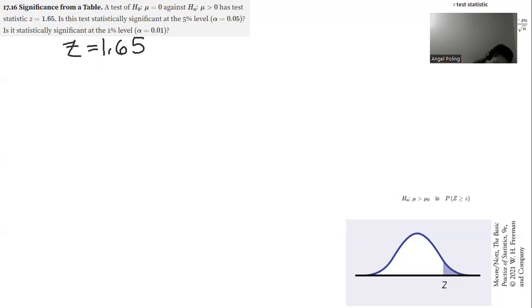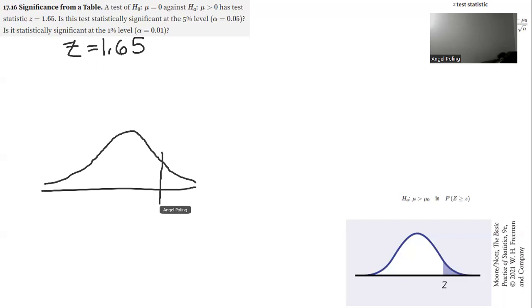So if you have a critical z, which is your cutoff, then this would be your critical region. And you're trying to see, is a z-score of 1.65 in this critical region or not? If it's not, then it's not statistically significant.